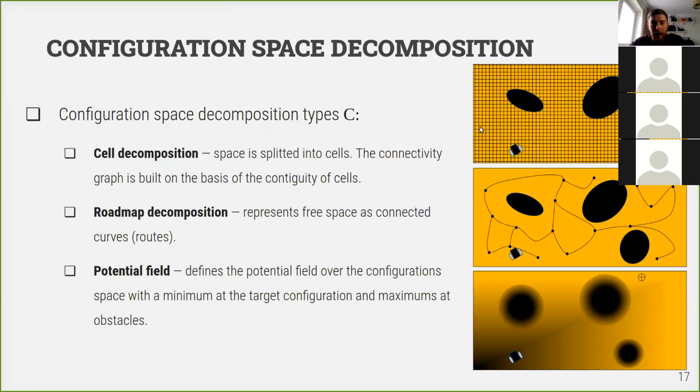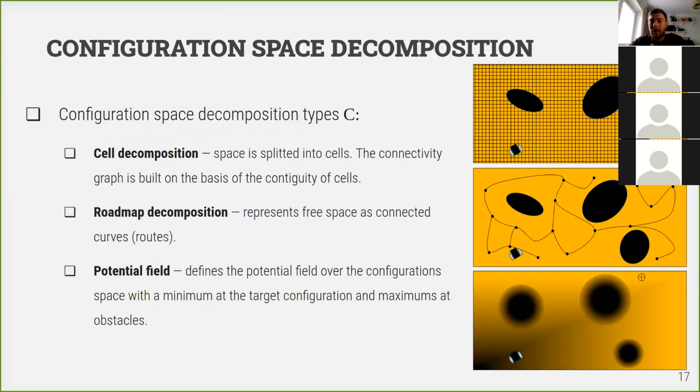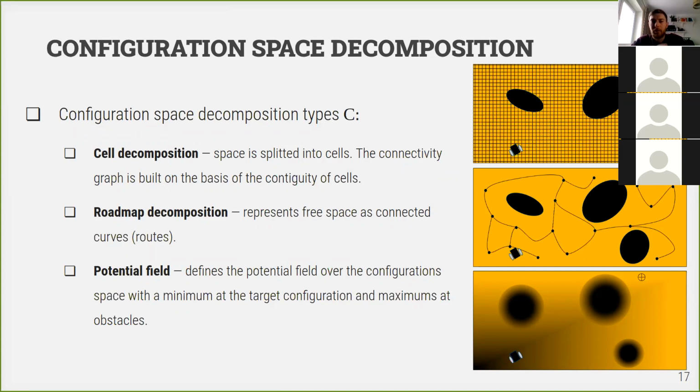As a result of any of these 3 types of decompositions, we actually get a graph, because then, as a third step, we want to use simple graph-based search algorithms. That is why we try to make a transition from a complex path planning problem to a simple graph search problem.